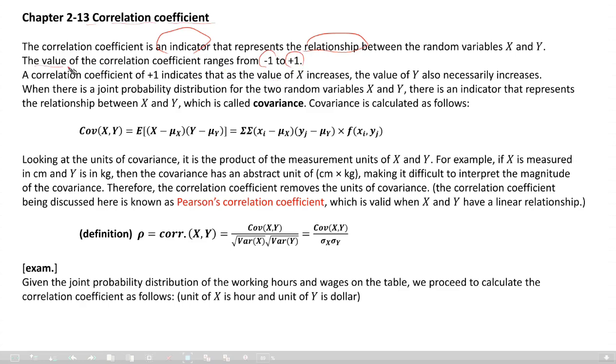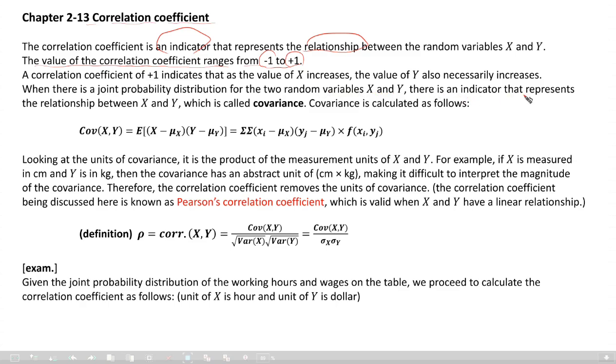I think it is like common sense, but it can be proved, though not here. A correlation coefficient of +1 indicates that as the value of X increases, the value of Y also necessarily increases.